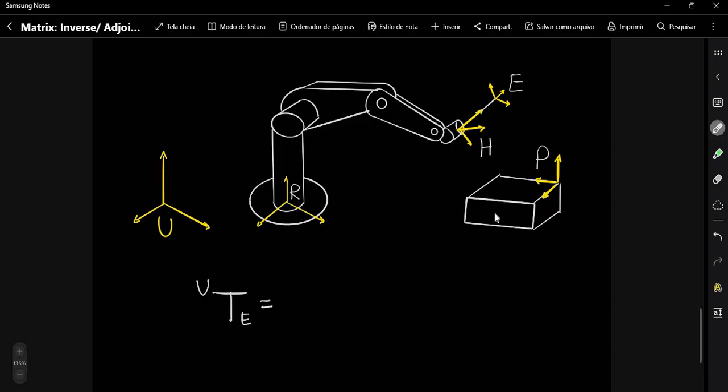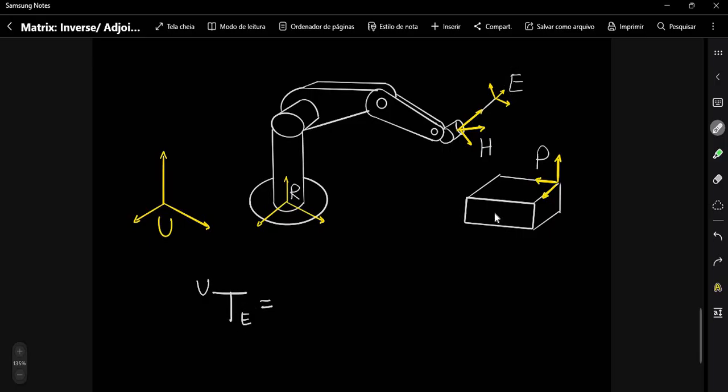And now, how can we know the paths that this robot is going to do, the motion to evaluate this transformation, which is where the end effector is going to be at the end of the task?